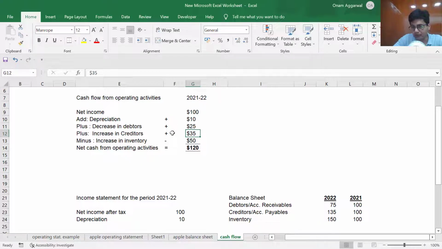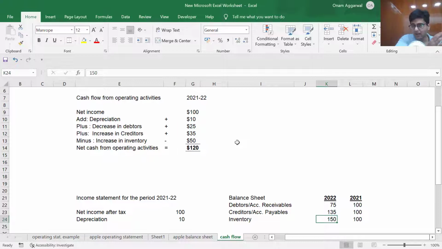If it was a different case, that is, if my current assets were increasing, let's say inventory. So if my inventory in 2021 was $100 and in 2022 $150, that means I have purchased additional inventory of $50 during this year. And what has this additional inventory resulted in?